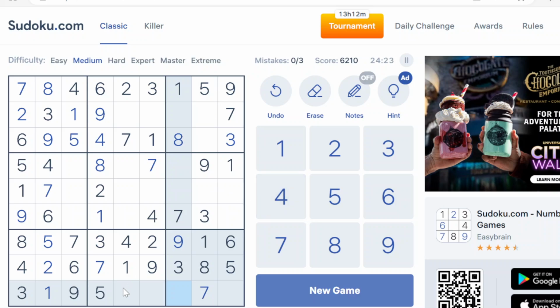And then for this one we need a 6 or an 8. We know that one of these is 5, one of these is 8. So whichever one is 8 means that the other column here is also an 8 because we can't have two 8s in the same column.